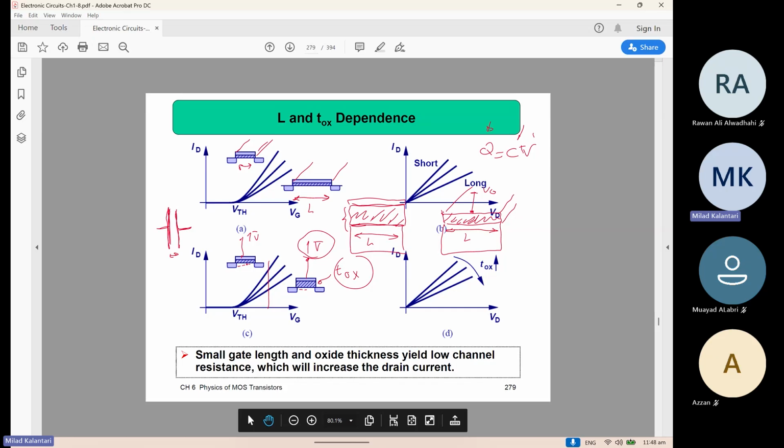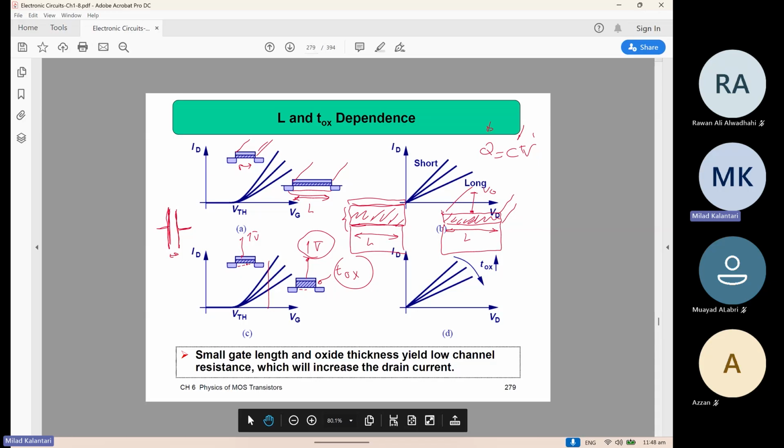Because it's just a series. The electron has to pass through from one side to the other side, right? The electron should pass all this distance, the channel length. So if the channel length is larger, it means the electron is seeing larger series resistance.